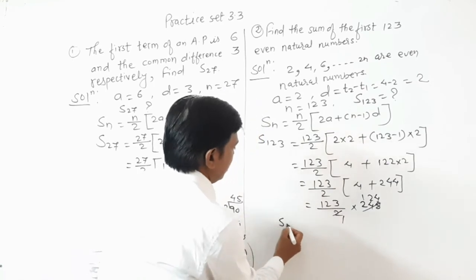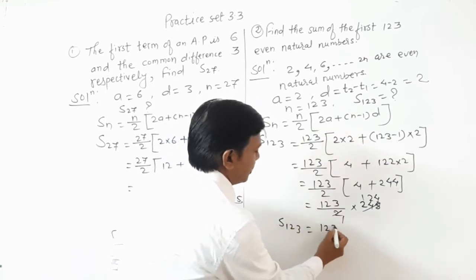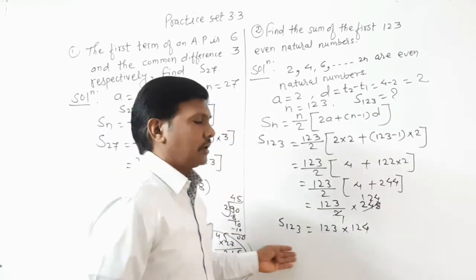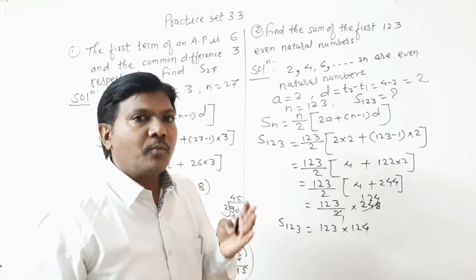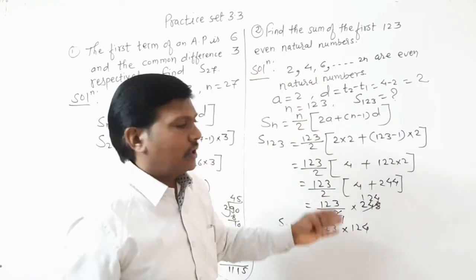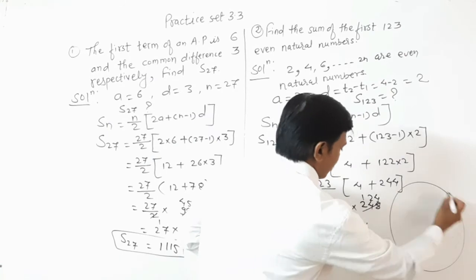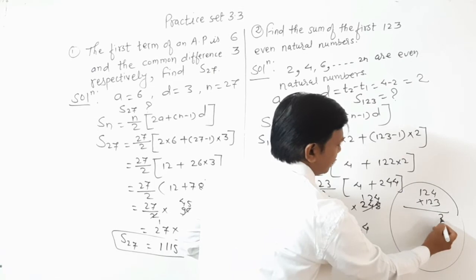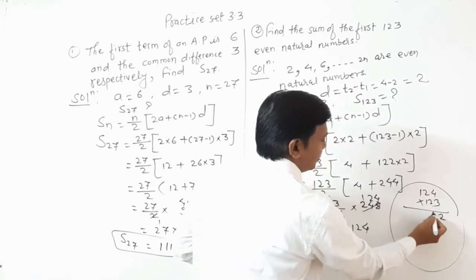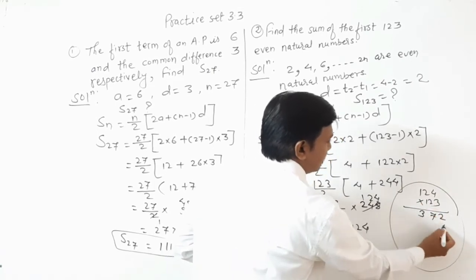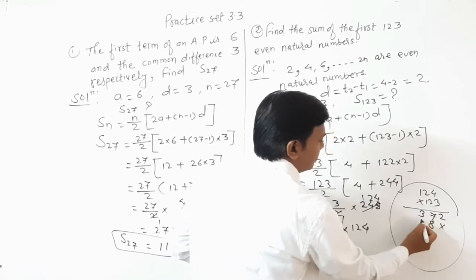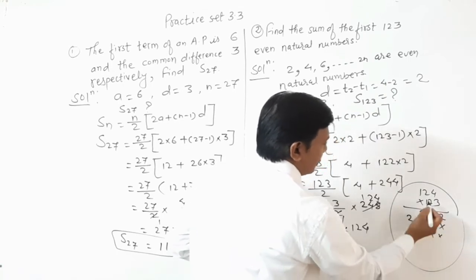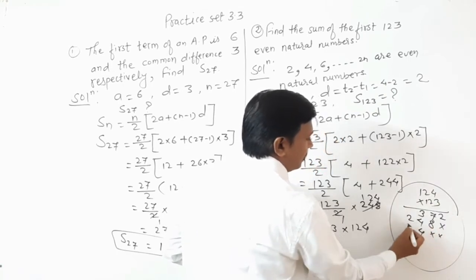So here S123 is 123 into 124. So multiply these numbers, that gives the sum of first 123 even natural numbers. See, 124 into 123. 3 4s are 12, then 3 2s are 6 plus 1 is 7, 3 1s are 3, then 2 4s are 8, 2 2s are 4, and 2 1s are 2, and 1 1 into 4 is 4.